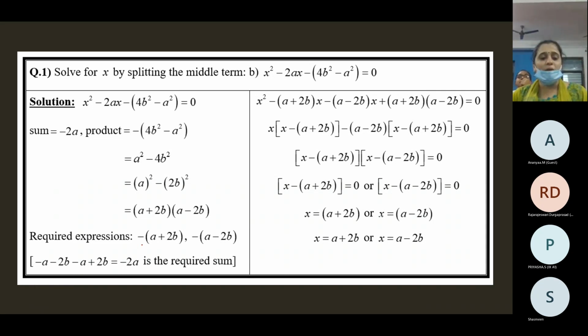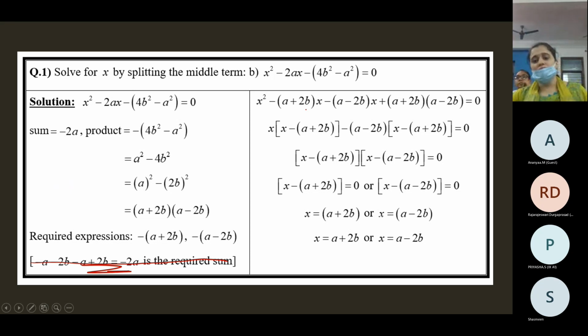So when you do that, you have to take minus of a plus 2b and minus of a minus 2b. So see here, that will be minus a minus 2b and minus a plus 2b. All right. So this gets cancelled and this is minus 2a, which is the required sum. So again, you don't have to mention the step. It is not needed. I've just shown the sum there.